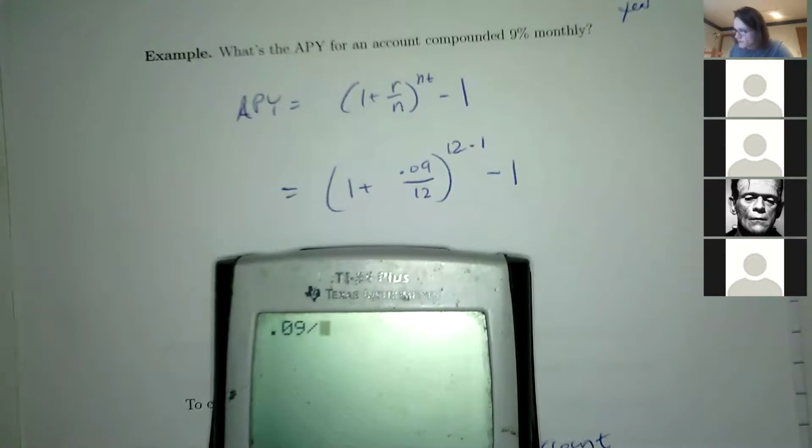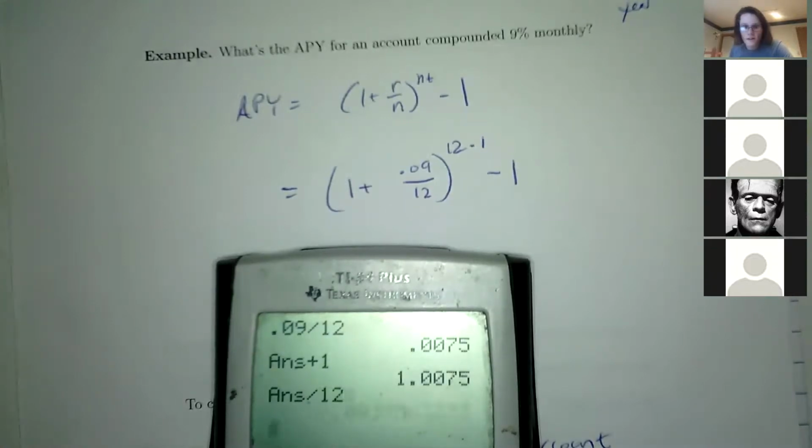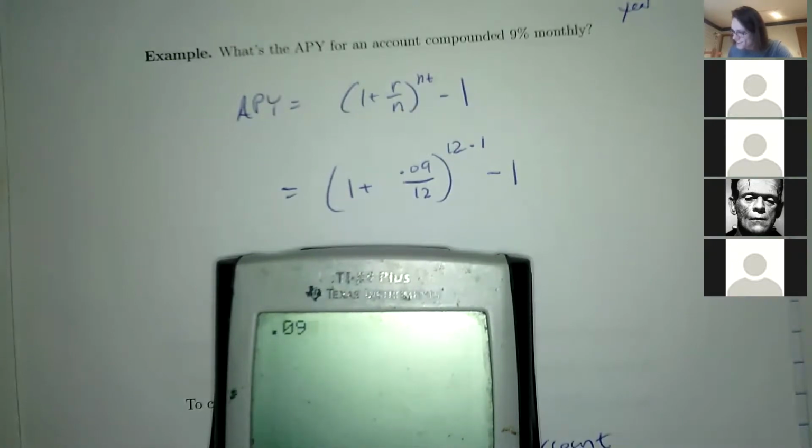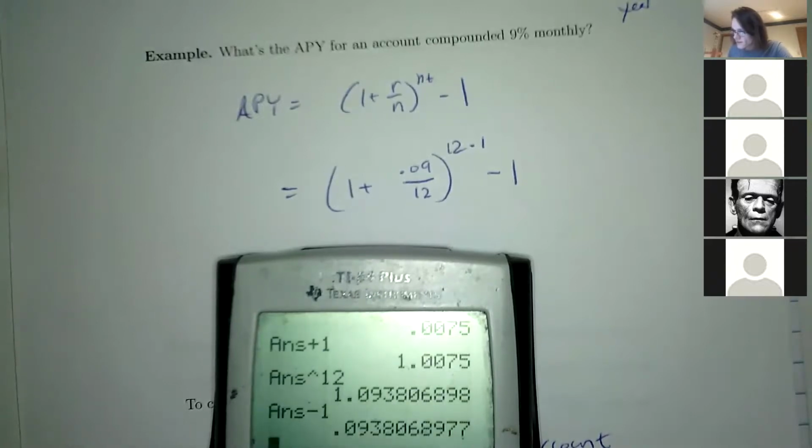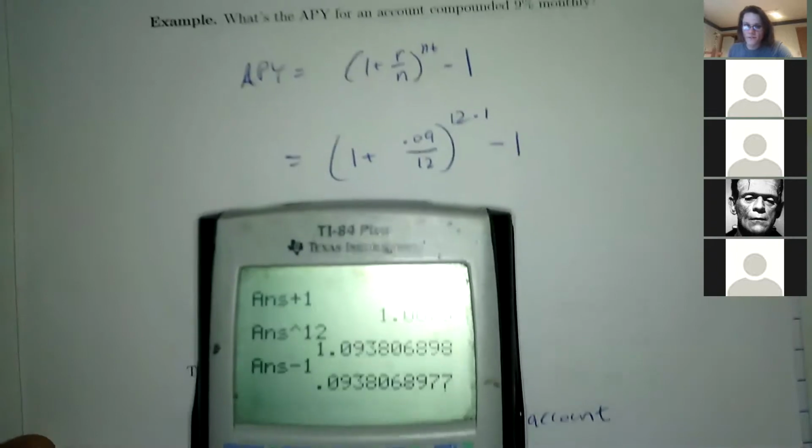So 0.09 over 12 plus 1, all to the 12. Oh, I'm sorry, I divided by 12. That didn't look right. Let's try that again. 0.09 divided by 12 plus 1 to the 12 exponential. Be careful using the right operation. There you go. And then minus 1. So it's that 0.093.